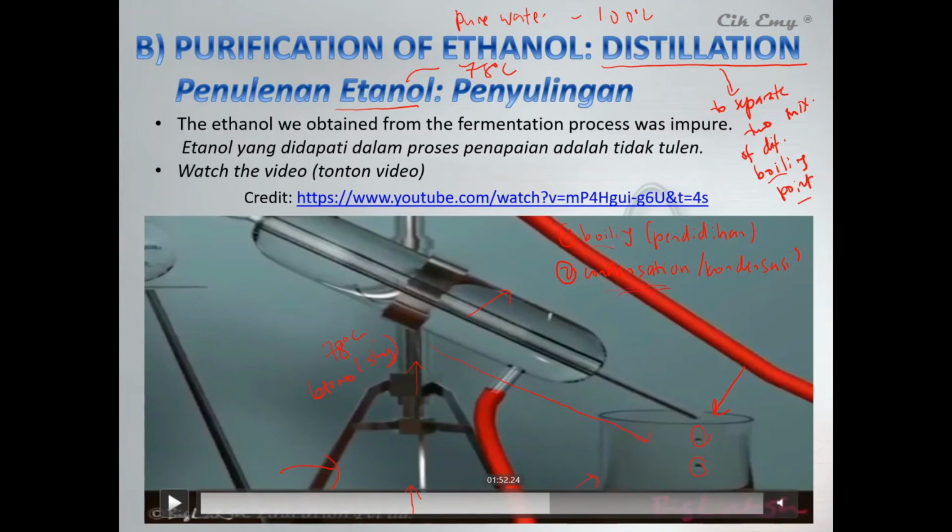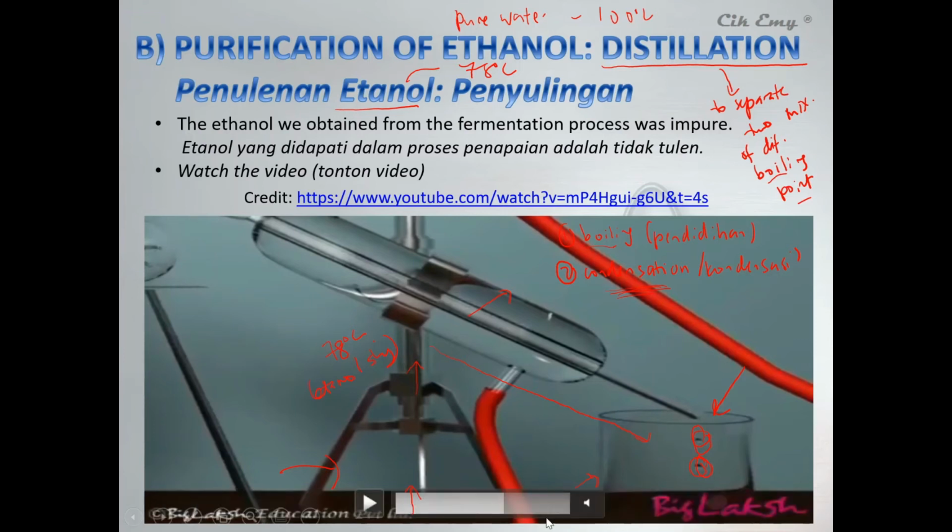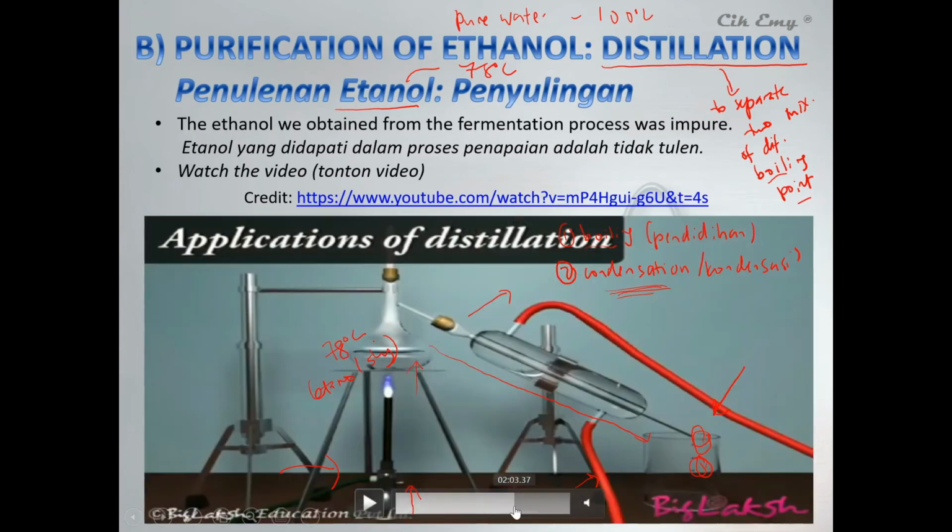Okay, yang pertama boiling, awak tahu cecair tukar pada gas, and then kondensasi, gas tukar kepada cecair. So, yang terhasil kat sini adalah etanol yang tulen. Yang lain duduk kat mana? Yang lain tu masih lagi tertinggal di sini. Okay, yang tak mendidih lagi tu dia tertinggal kat sini lah.